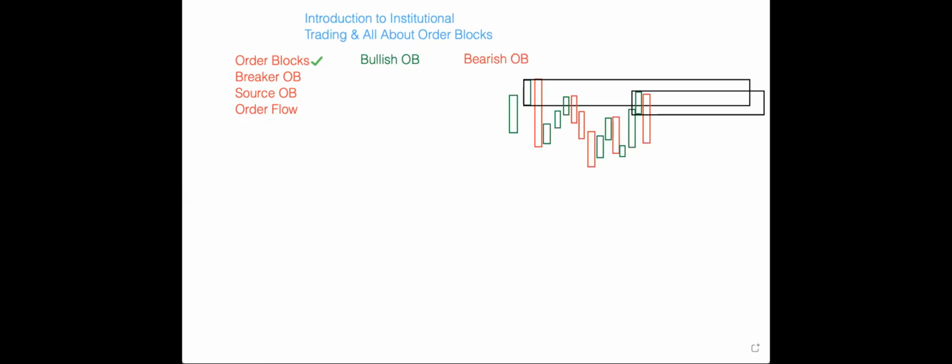So, of course, it's not going to always be like that to identify order blocks easily. Sometimes it's going to be more complicated. But when we go through the charts after this, I'm going to show you some real examples, a screenshot, and we will see some more complicated order blocks.